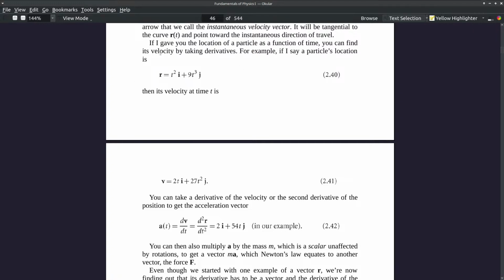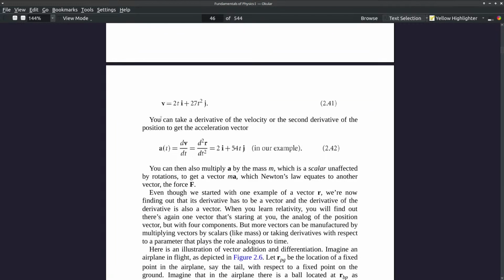So there's the derivative. You can take a derivative of the velocity, the second order derivative of position, to get the acceleration vector. a equals dv over dt equals, so the d, what is going on here with the d squared?